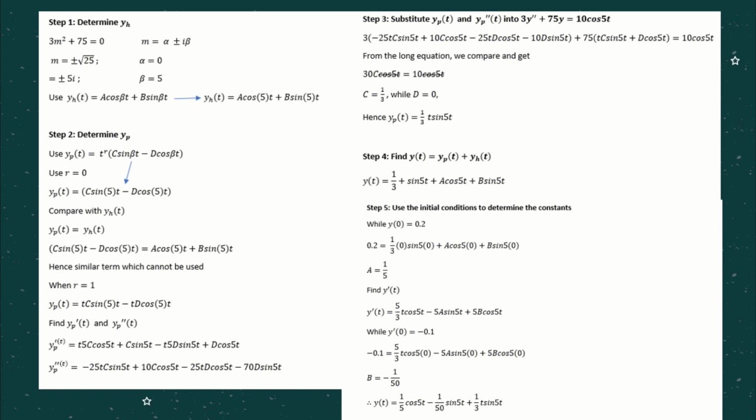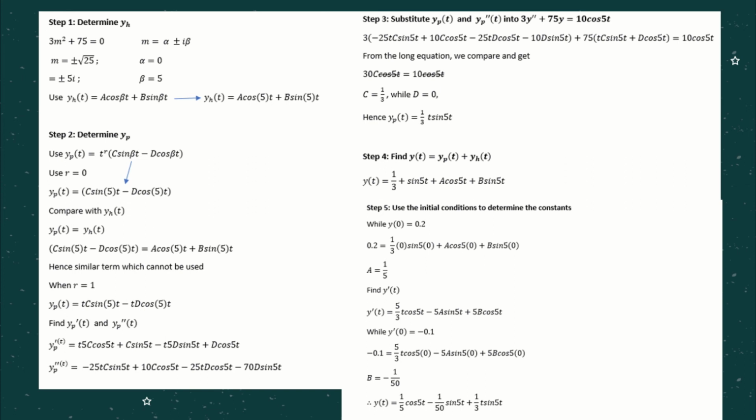A and b are constants, so we need to find them. In step 5, we use the initial condition to determine the constants. When we replace y(t) with 0.2 and t equal to 0, we manage to get a equal to 1 over 5. Then we differentiate y(t) to get y prime(t).